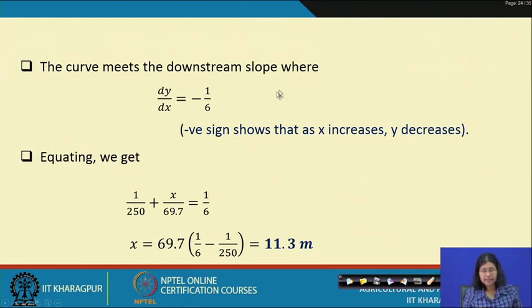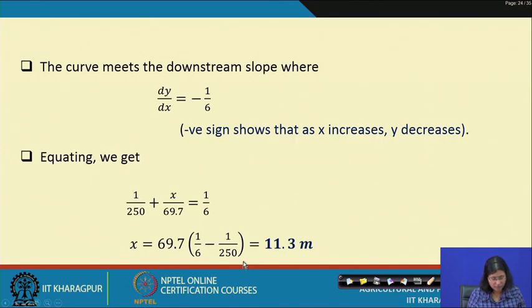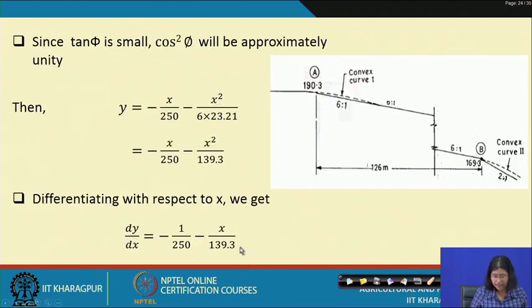The curve meets the downstream slope where dy by dx is minus 1 by 6. The negative sign shows that as x increases, y decreases. So, we plug it here. Sorry, this thing will be 2x. It is a small correction.